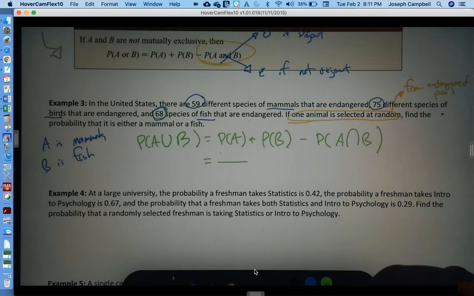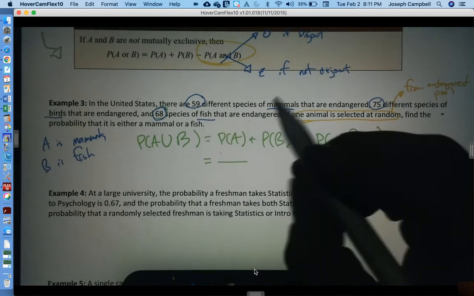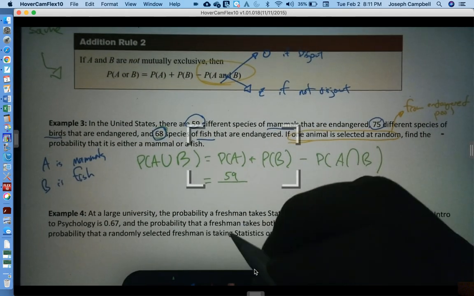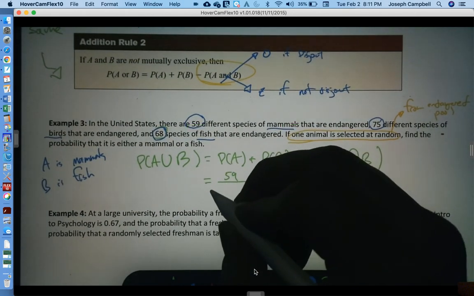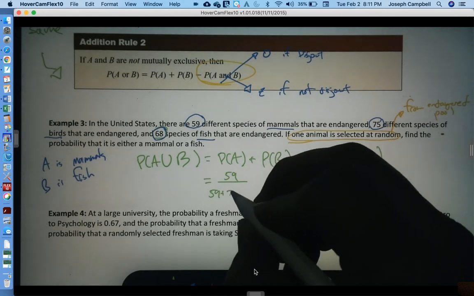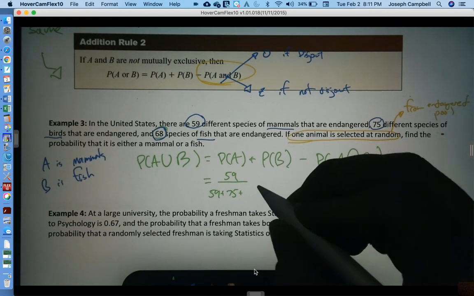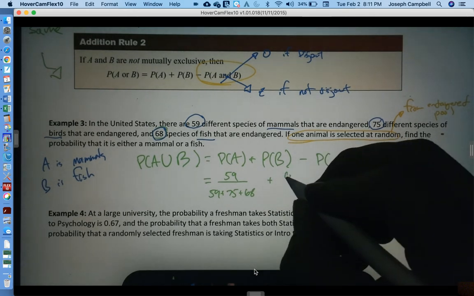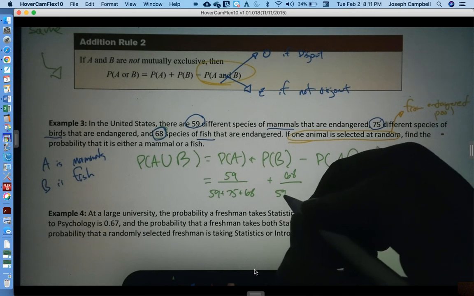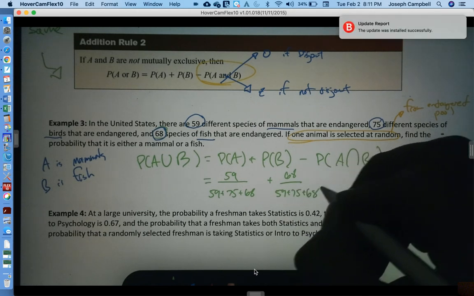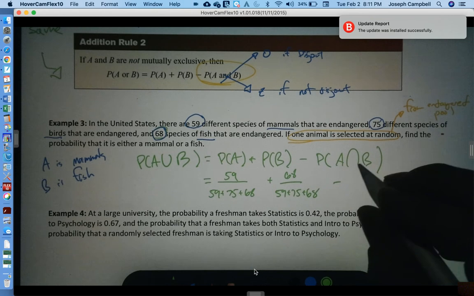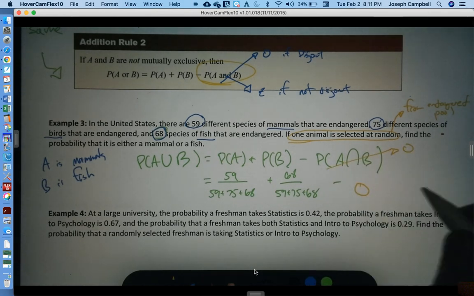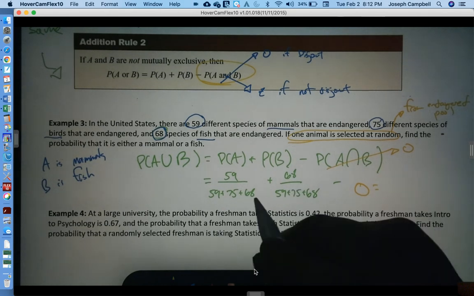Okay, so the probability of A would be 59 out of the total. So that'd be 59 plus 75 plus 68, and then fish, which is 68 out of 59 plus 75 plus 68. And then what is the intersection? Well, there is no intersection, so that's 0. So we're going to have, what's that?